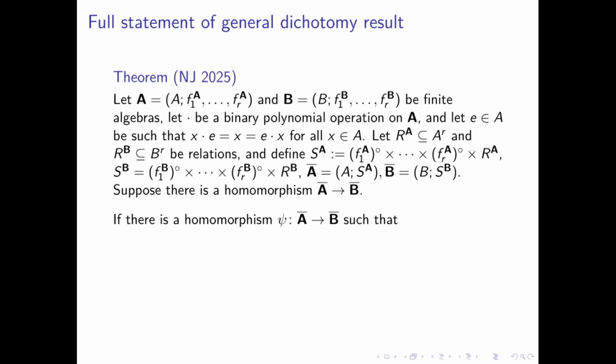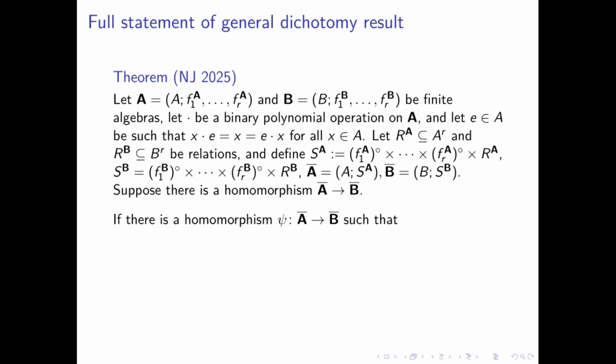Again, we'll expand the algebras with arbitrary relations, R_A and R_B. And then to make the statement of the theorem a little bit easier to parse, I'm going to assemble all the information of all of the functions and these additional relations into one relation, S_A and S_B, by taking a Cartesian product.